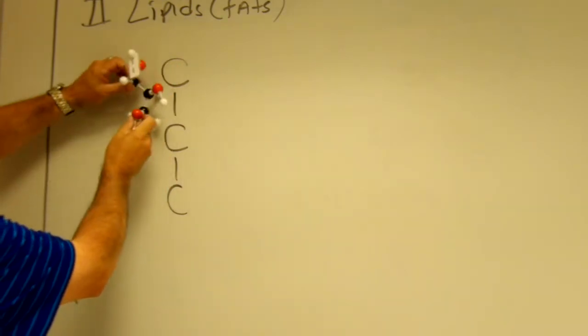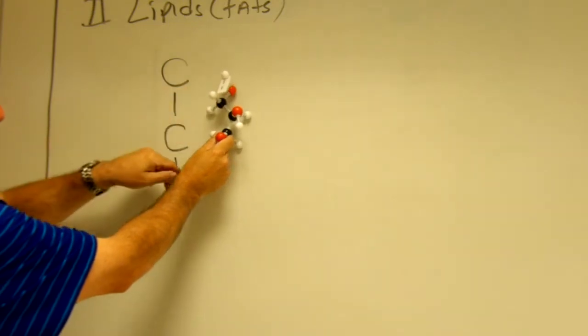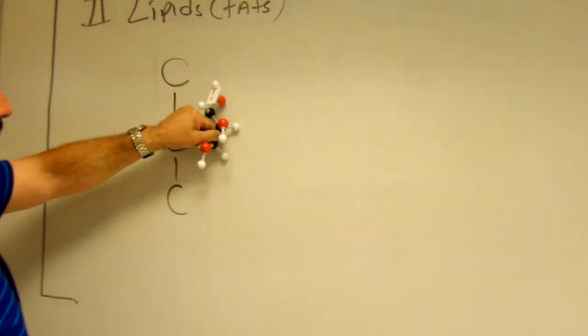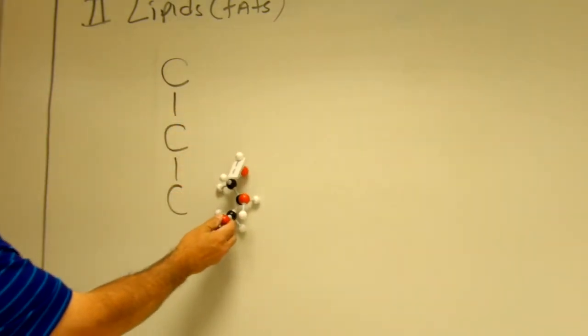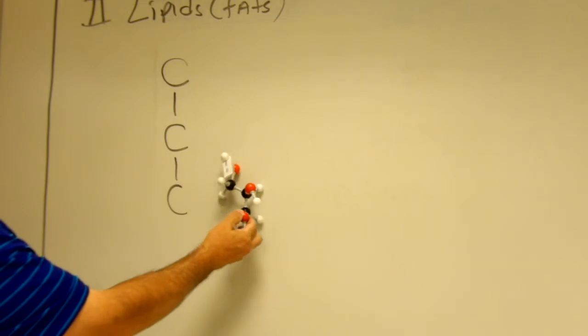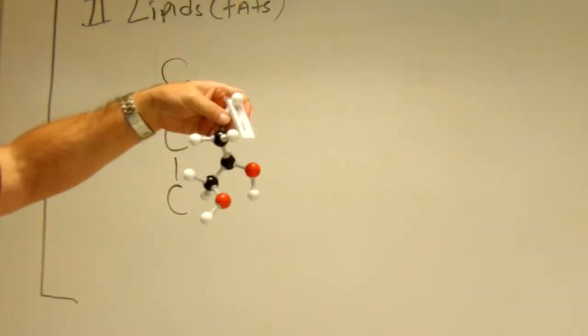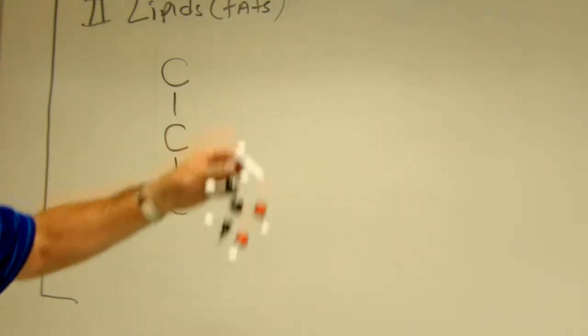Bam, right there. 1, 2, 3. Okay, OH, OH, OH, dehydration synthesis to put the tails on. So this right here is your glycerol, okay? Glycerol. Okay, that's the glycerol head.